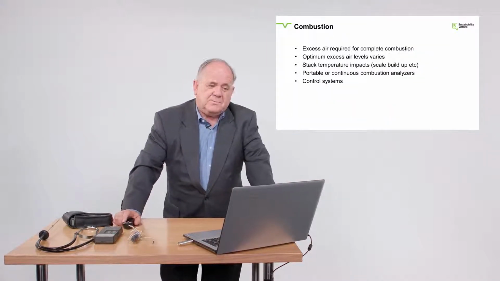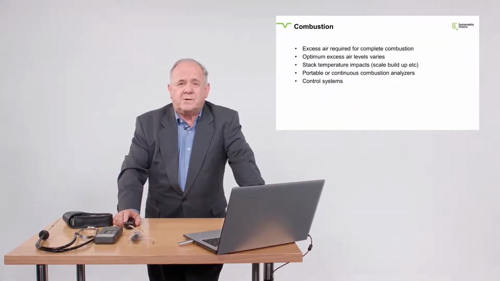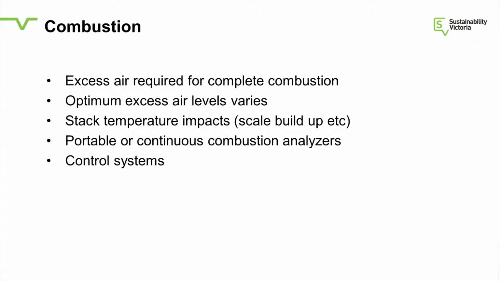First of all, combustion. We said excess air is required for complete combustion. Energy Safe Victoria require that the burner does complete combustion without making carbon monoxide. So that's tested. So you need to make sure that the boiler is running safe without creating carbon monoxide. So all burners pretty much, unless it's a very sophisticated burner, will run with excess air.